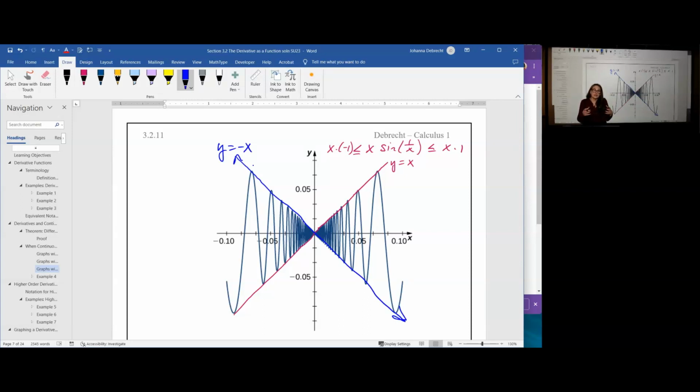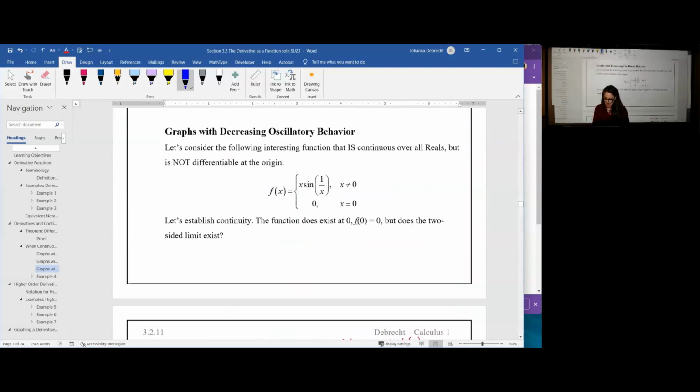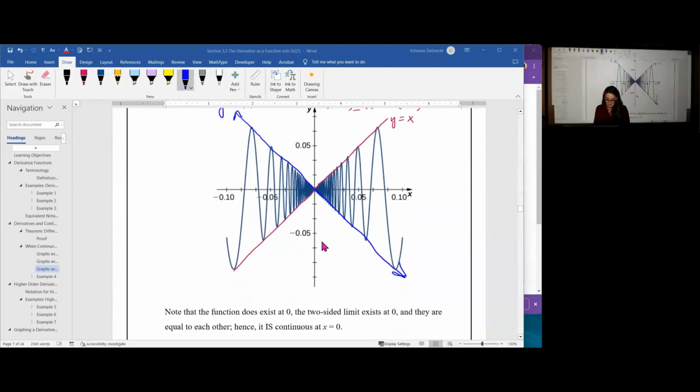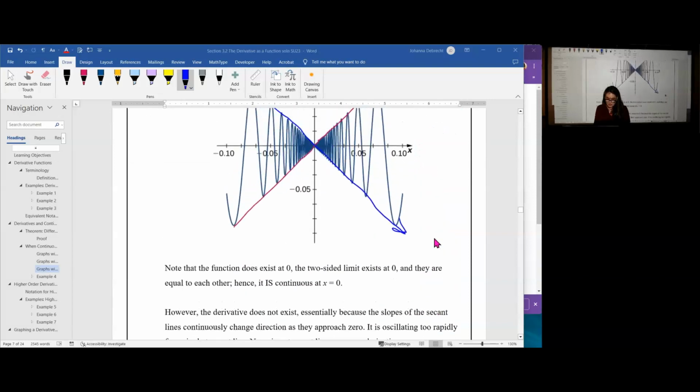In other words, it's pointing at 0. Now to finish continuity, we need to establish that that's the function value there. But by our piecewise defined function, that is the value there. When x is 0, the y value is 0. So it's definitely continuous. The question is, does it have a derivative?